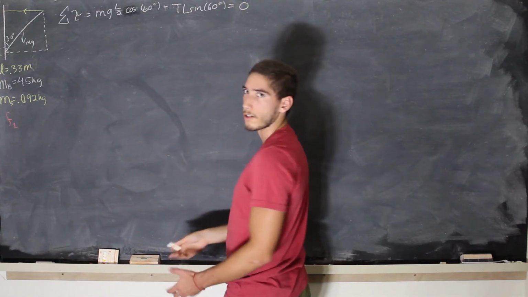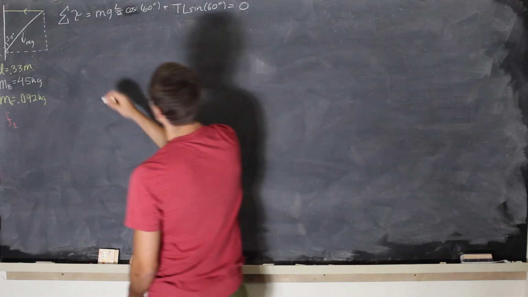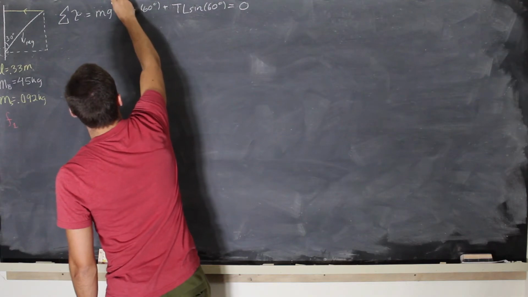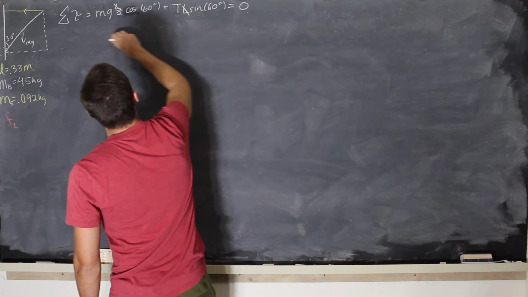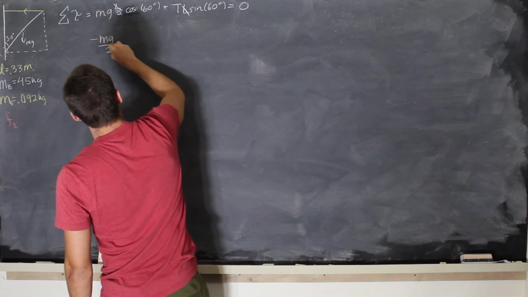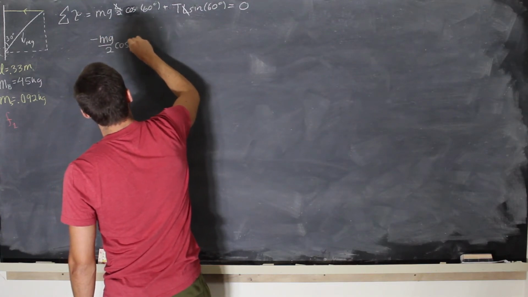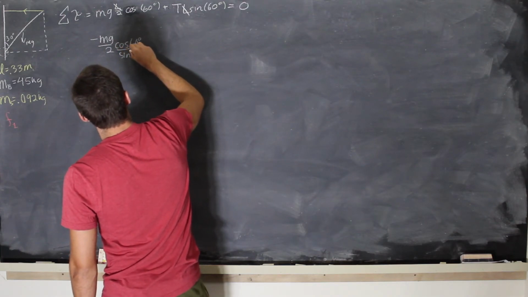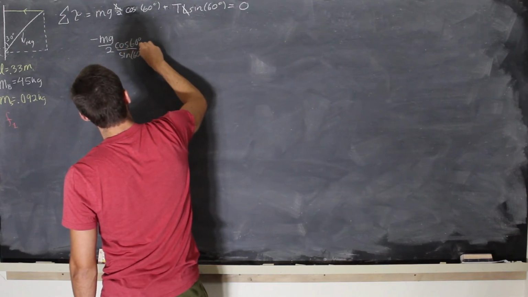Okay, so now we're just going to move everything over and solve for T. So we're going to cancel out L's, and we're going to have negative mg over 2 cosine of 60 degrees divided by sine of 60 degrees.